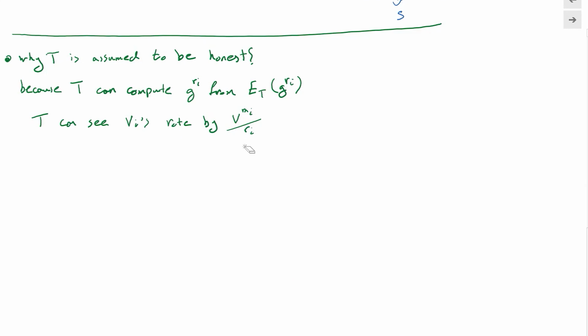So let me just do it correctly. Ci divided by G to the Ri, where Ci is G to the Ri, the commitment, is going to be V to the Mi. And we only have two options: either this is V to the 0 or this is V to the 1.